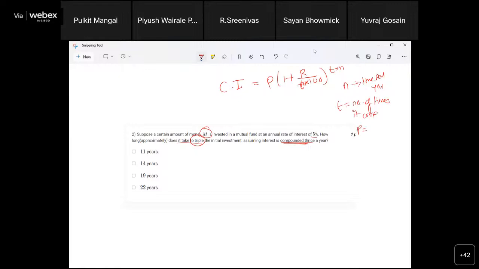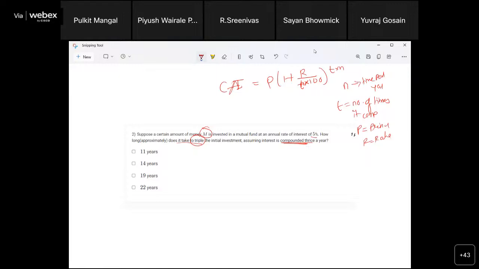P is the principal amount and R is the rate of interest. This is the formula, and A is the amount we get after T years.